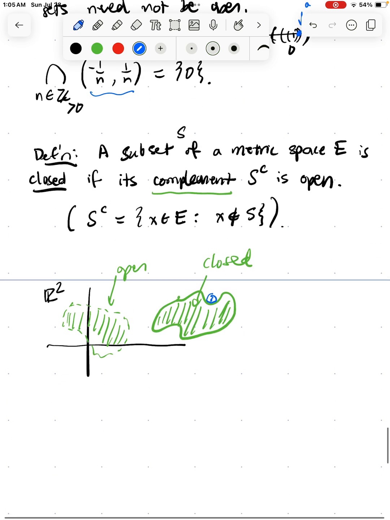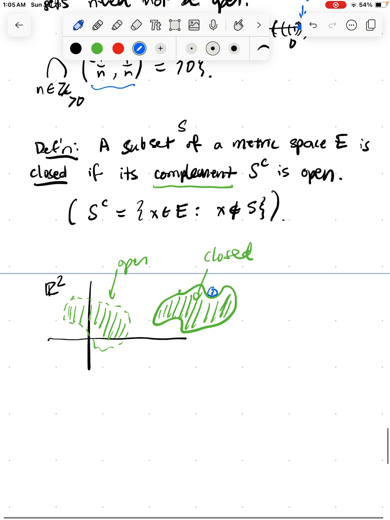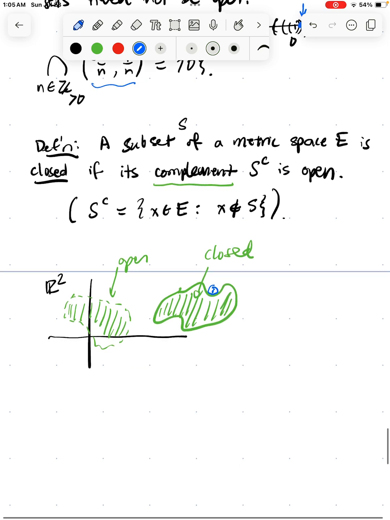Well, why is that? So the empty set is closed. Well, that would mean that the metric space E is open, which we proved before. So the empty subset is both open and closed in any metric space.